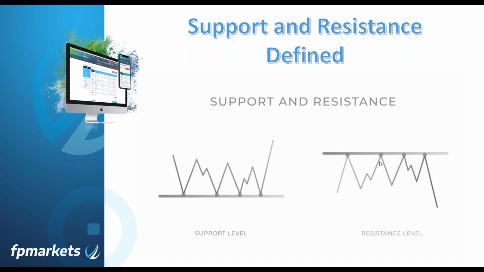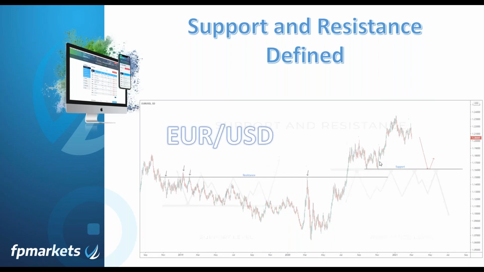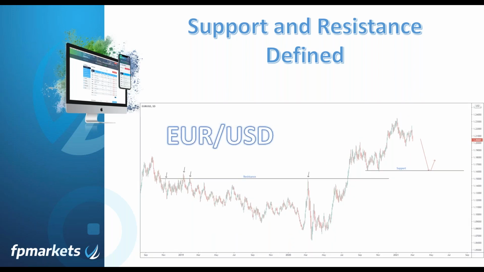Let me just spin things over to a chart to better help demonstrate what I mean, as the pre-drawn examples can sometimes be a little misleading and not really echo real life scenarios. So on the slide, we have the EURUSD daily chart, and we have 2 points of support, or two bottoms here.